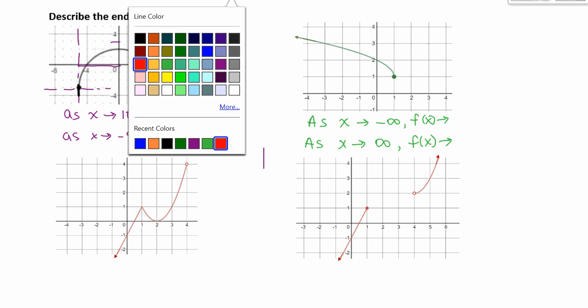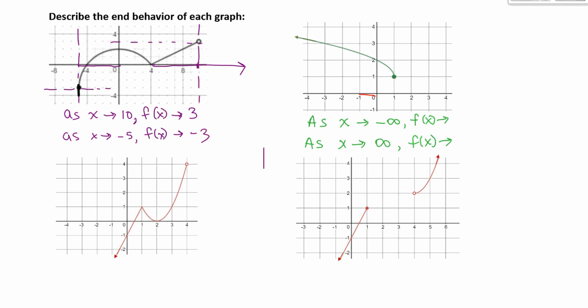So looking at this picture, I'm going along the x-axis, I'm looking at the y's, and it looks like they're going up and up and up, which is +infinity. So we would say that as x goes to -infinity, f of x goes to infinity.